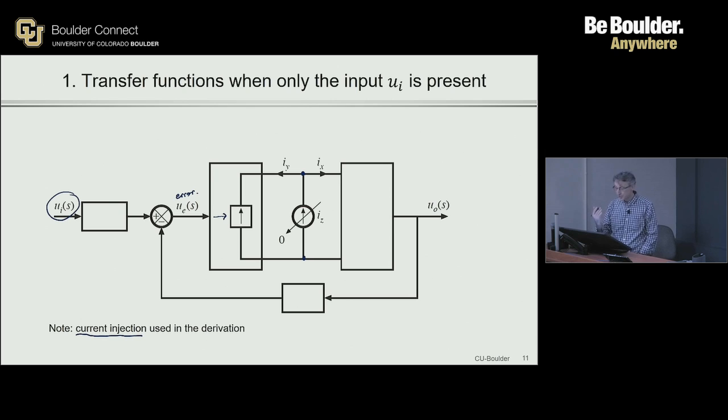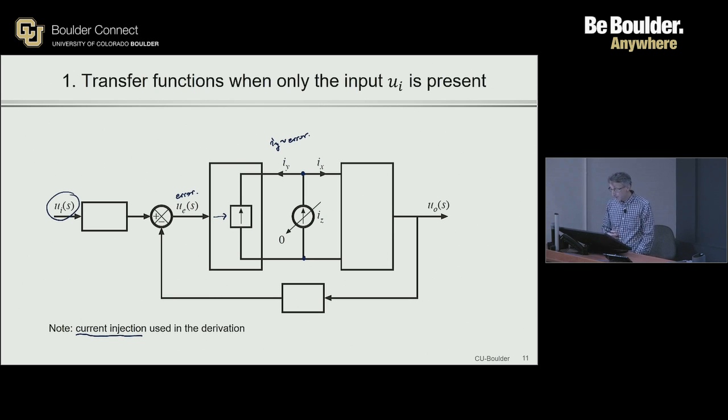That's an ideal injection point for the current injection signal because the IY signal is completely dependent on the error signal here. So this IY is going to be directly proportional to the error. It's not going to be directly affected by the presence or not of IZ. So that meets the conditions of the ideal injection point.